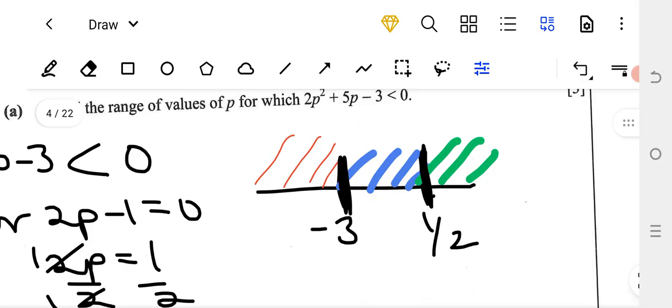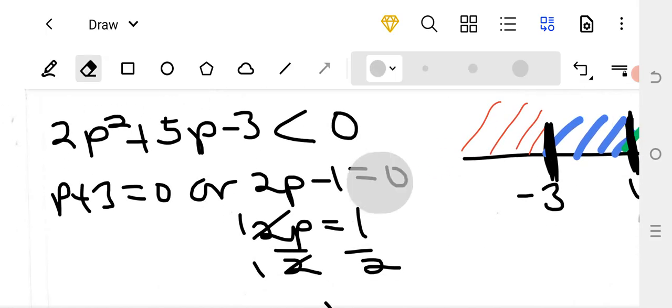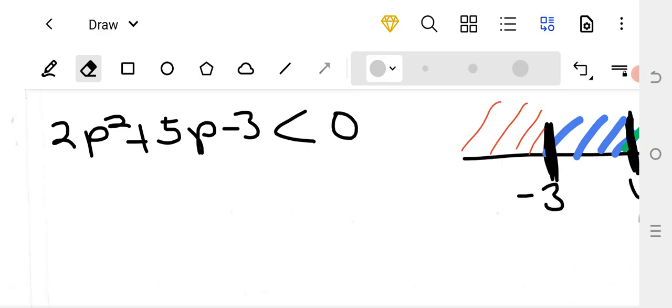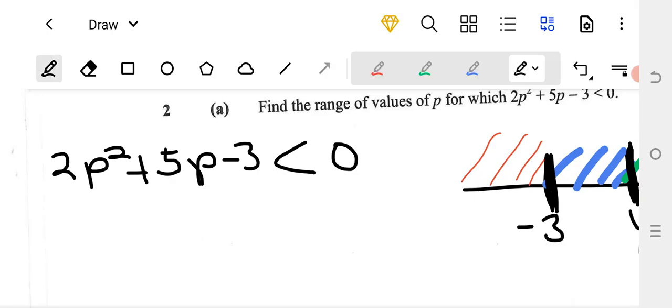Now we need to start thinking. We have successfully found the critical points. What do we do next? We are going to find answers which satisfy this inequality using those 3 regions. So this part that is red right here represents values of p that are less than negative 3.